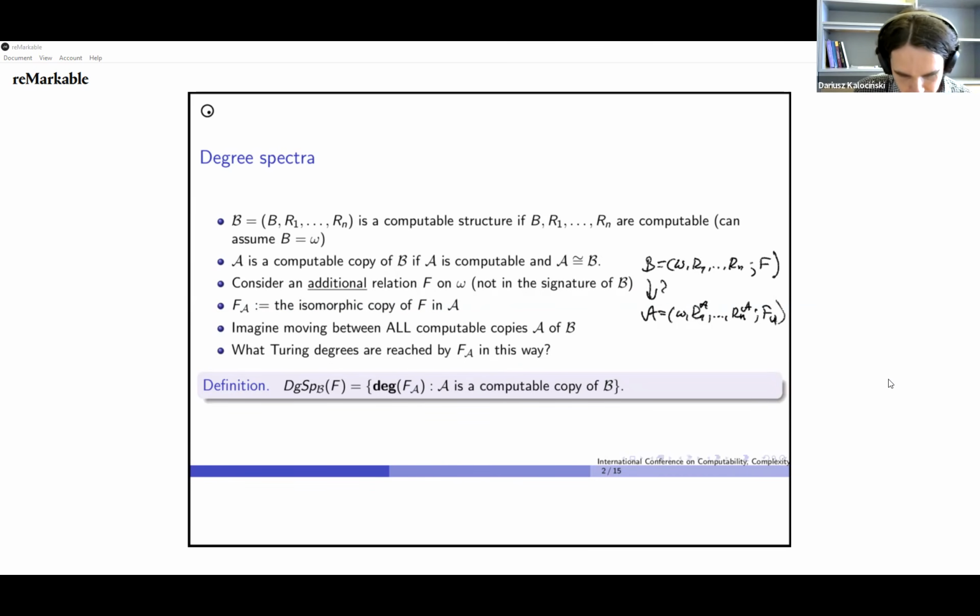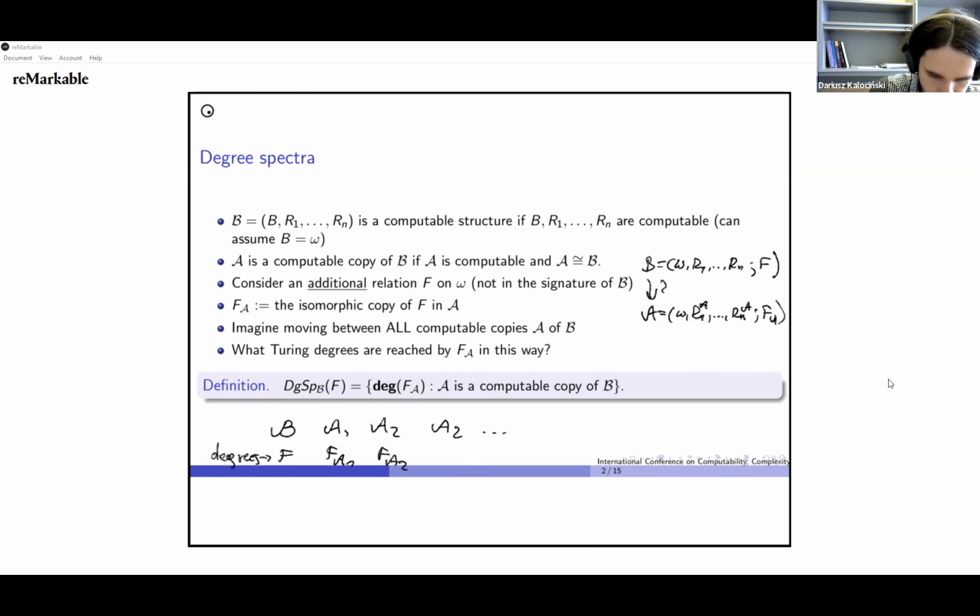What the notion of degree spectrum captures is this: imagine that we are moving between all computable copies A of the structure B. In each of these computable copies of B, we have an isomorphic copy of F, and we are looking at degrees of these copies.